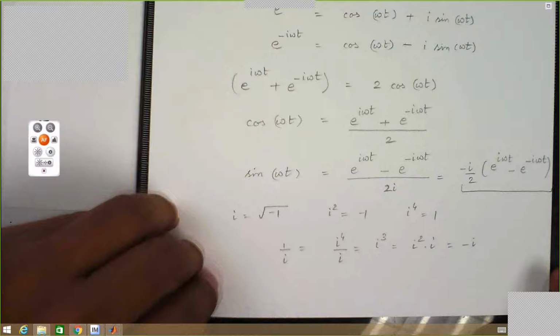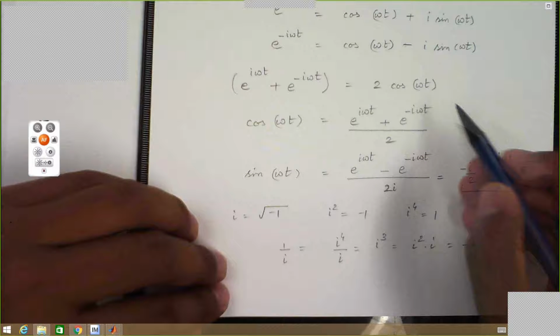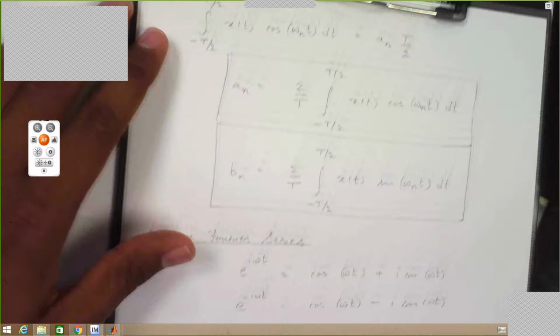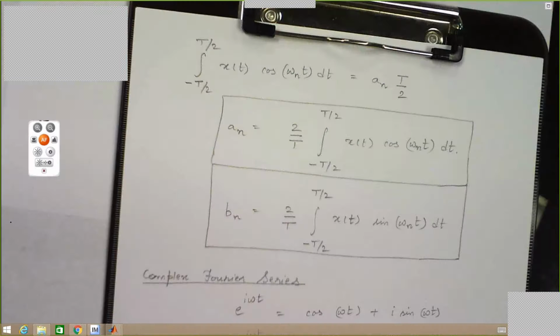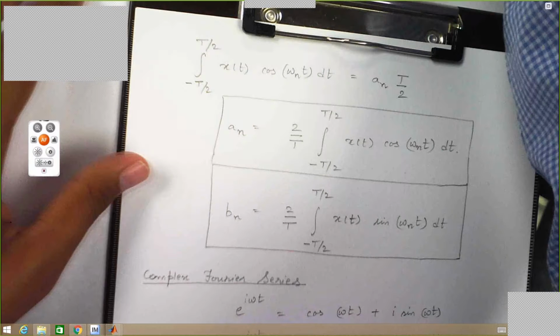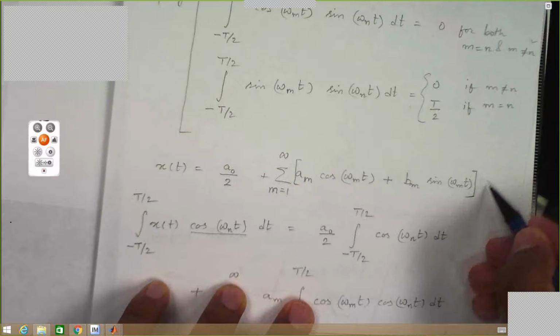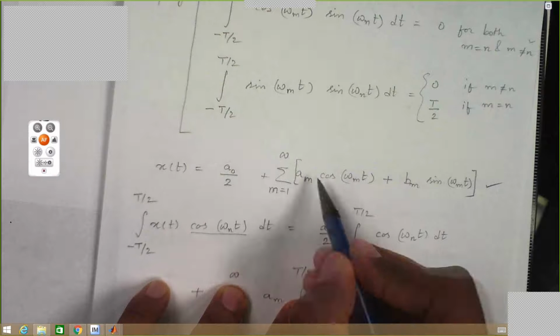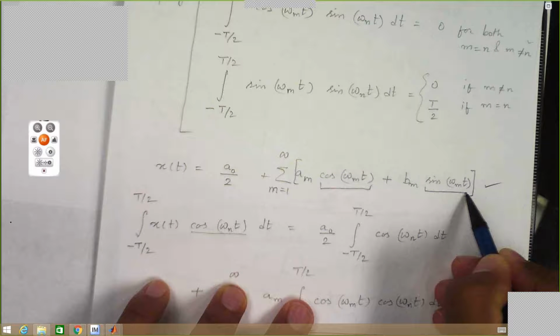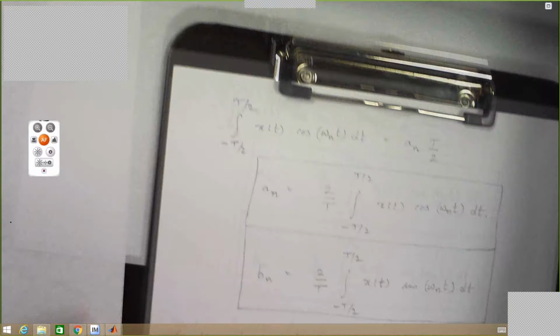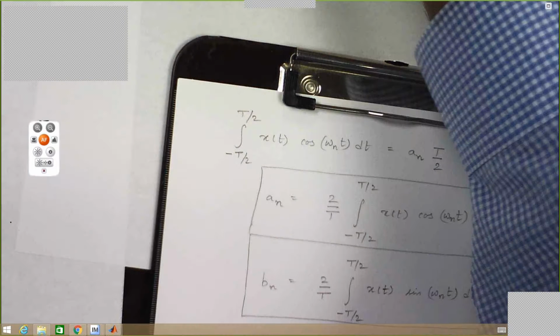Okay, so now what we do is put these expressions for cosine of omega t and sine of omega t and plug them into your original Fourier series, which was given here. So we replace cosine of omega t and sine of omega t with those complex number forms.